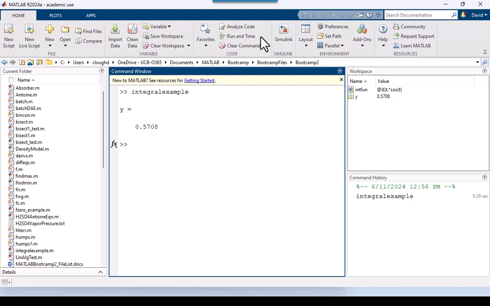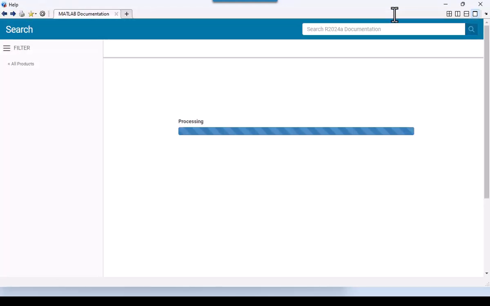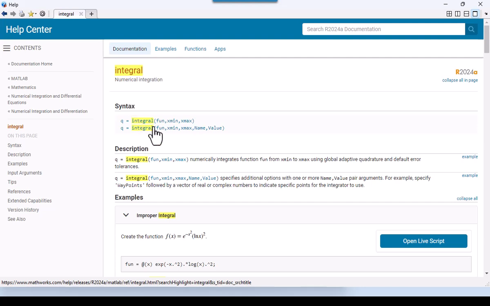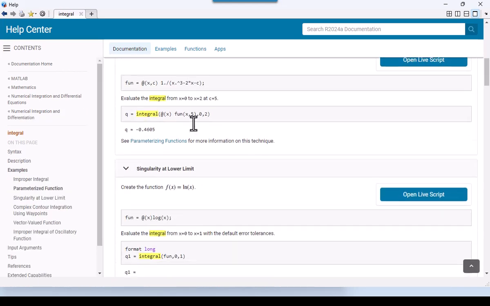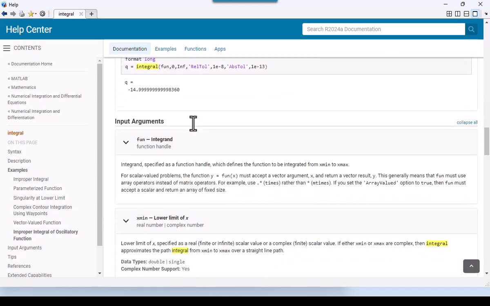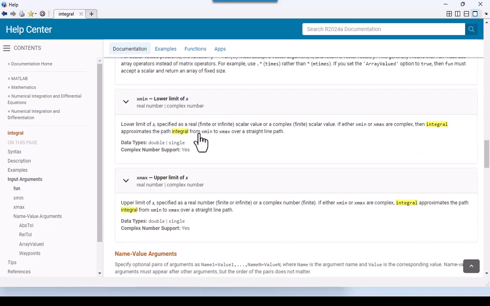And as usual, if you want to know the numerical methods involved, you can go up to the little help window and put in integral. And the first item here is numerical integration, and it gives you the basis for using the function, a number of different examples, and usually somewhere toward the bottom here.